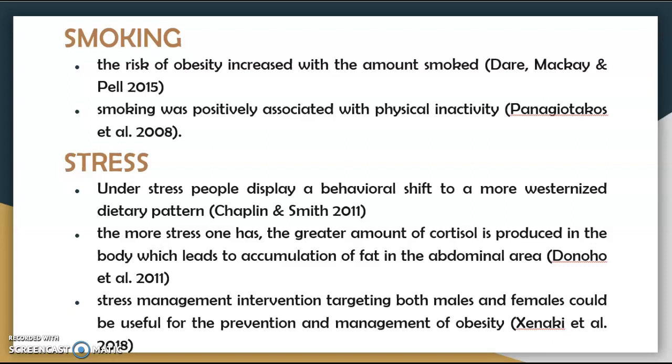In particular, the more stressed one is, the greater the amount of cortisol produced in the body, leading to accumulation of fat in the abdominal area, namely abdominal or visceral obesity. In the last study, it is also suggested that comprehensive stress management intervention targeting both males and females could be useful for the prevention and management of obesity.